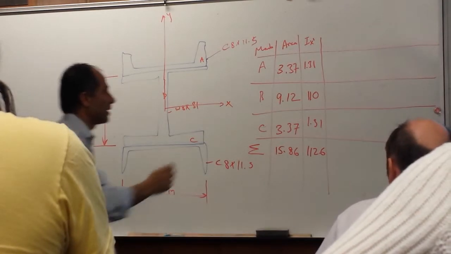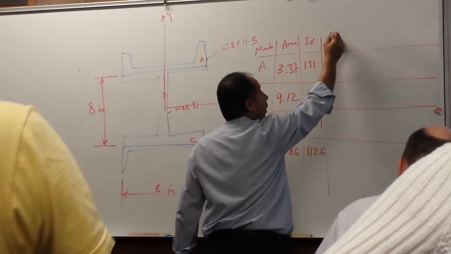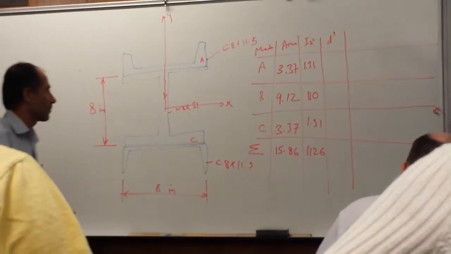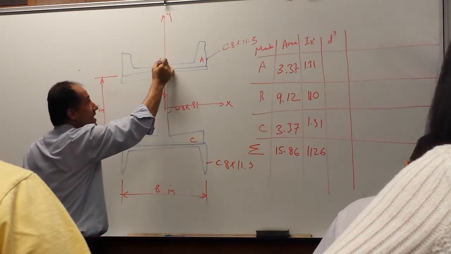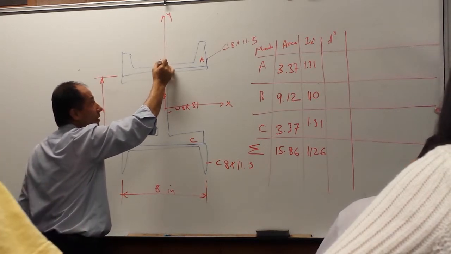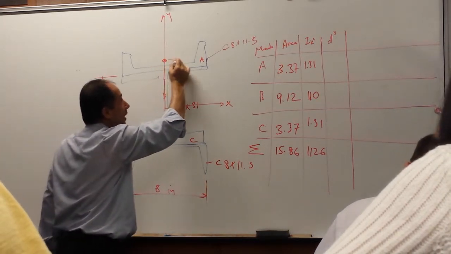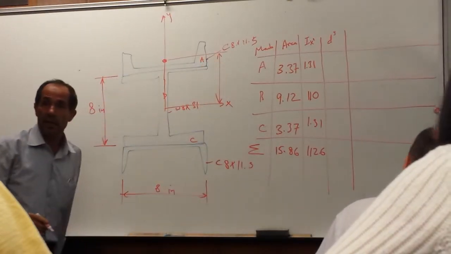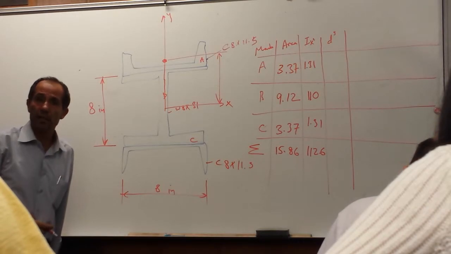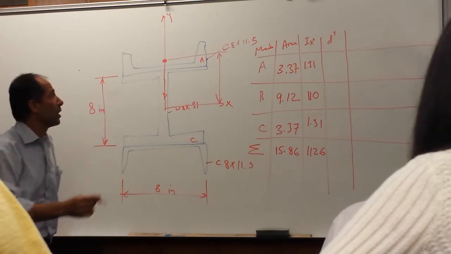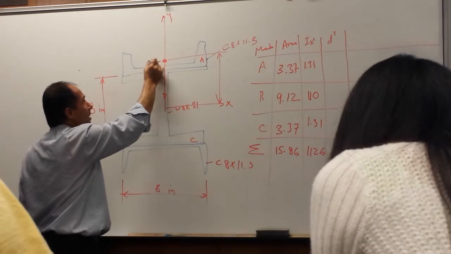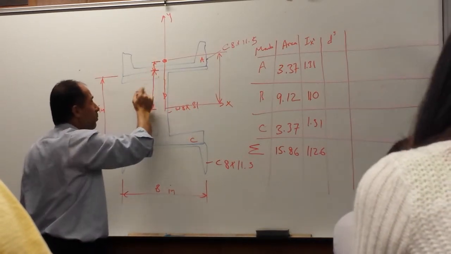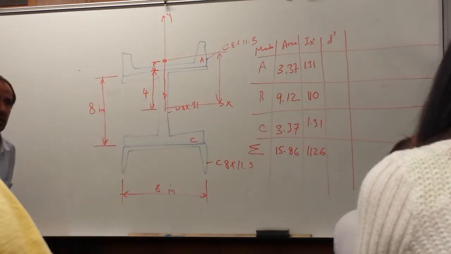Okay. Distance on Y. Here is the 0, the center of gravity. If I draw a line in here, I need this distance. From your book, it's giving you this distance, and this is known without a book, this is 4, correct?